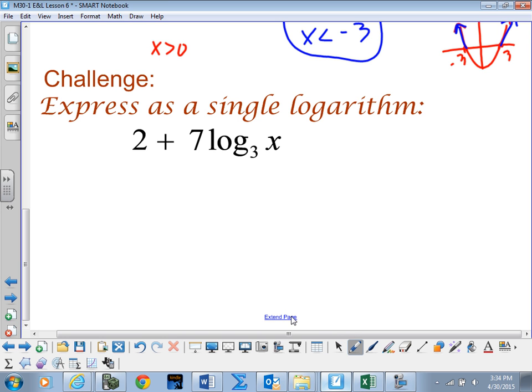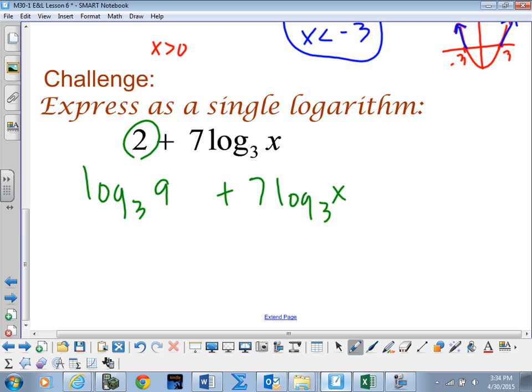So I can write this as log base 3 because I want it to match this log base 3 in order to convert them or to combine them. Now, what should I put in here to make it equivalent to 2? I want this log to equal 2.